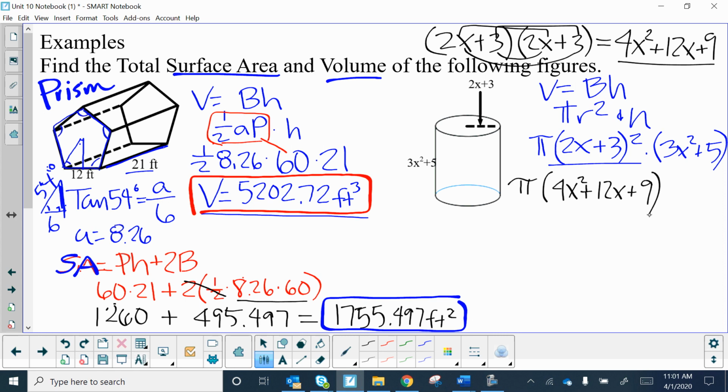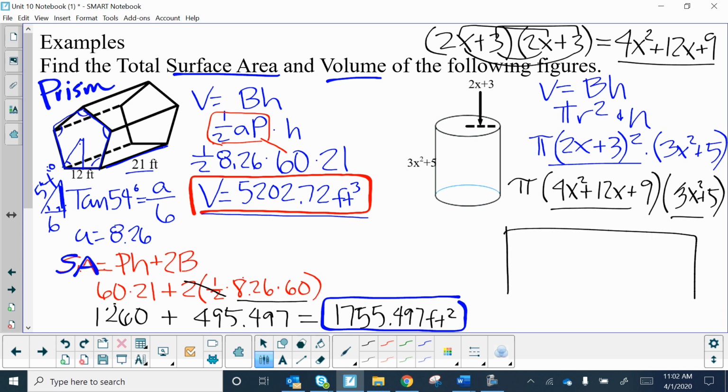Now, don't forget, you still have to multiply it by the height, so I have to do 3x squared plus 5. Okay, so now I have to multiply all of this times all of that. So I'm going to tell you probably the easiest way to do that, just to make sure you include everything, is to do a box method. Okay, if not, you distribute the 3x squared to everything and then the 5 to everything. But you'll see it's a little bit better visual if you do the box method.